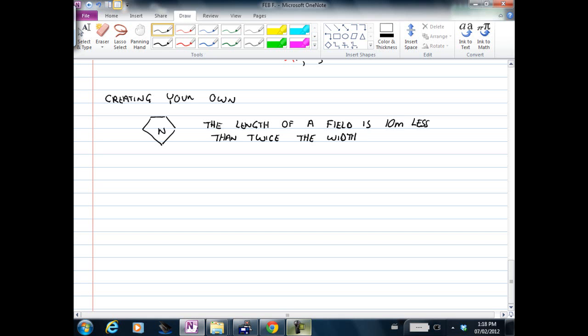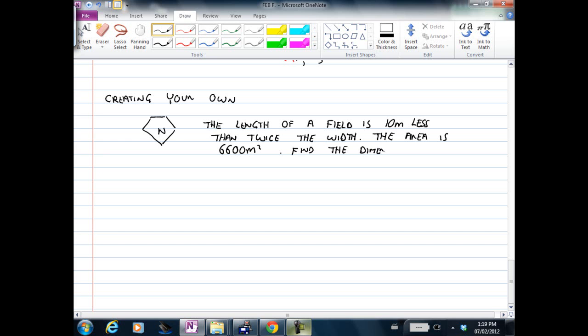The length of the field is 10 meters less than twice the width. Now this is a rectangular field. The area is 6,600 square meters. Find the dimensions.